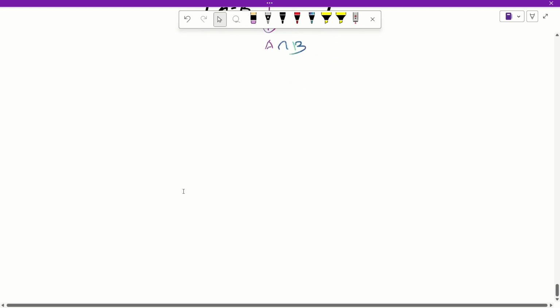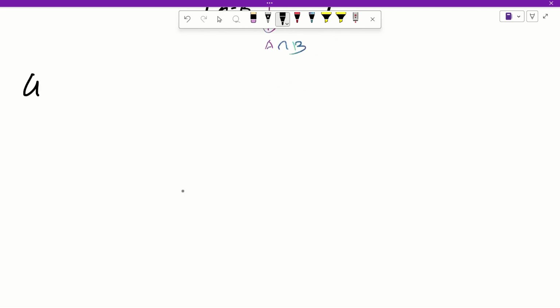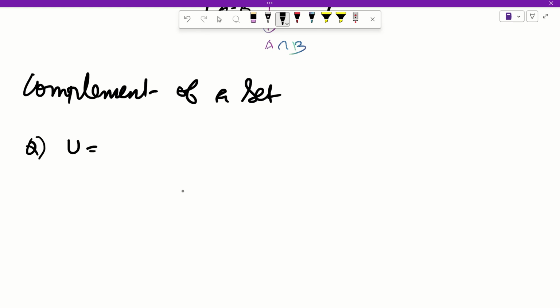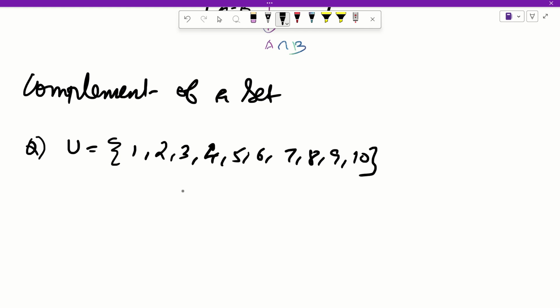Now let us learn about complement of a set. Let's say we have U is equal to the set {1, 2, 3, 4, 5, 6, 7, 8, 9, 10}, and we have set A is equal to {1, 3, 5, 7, 9}.